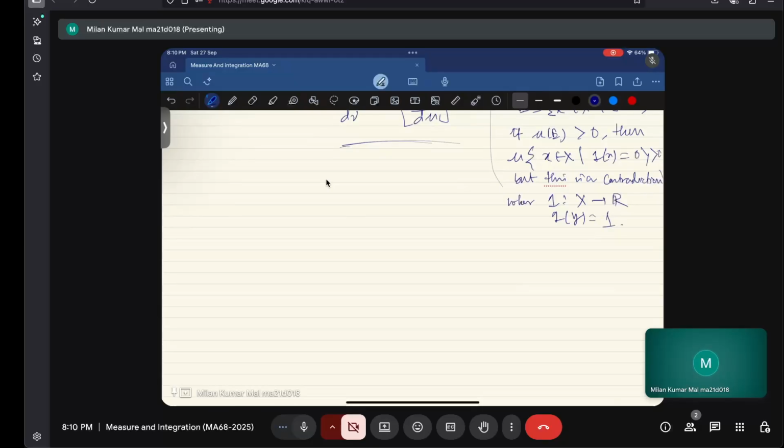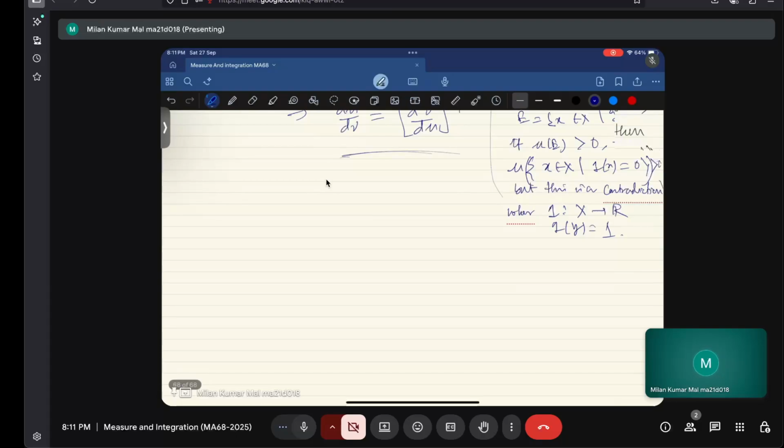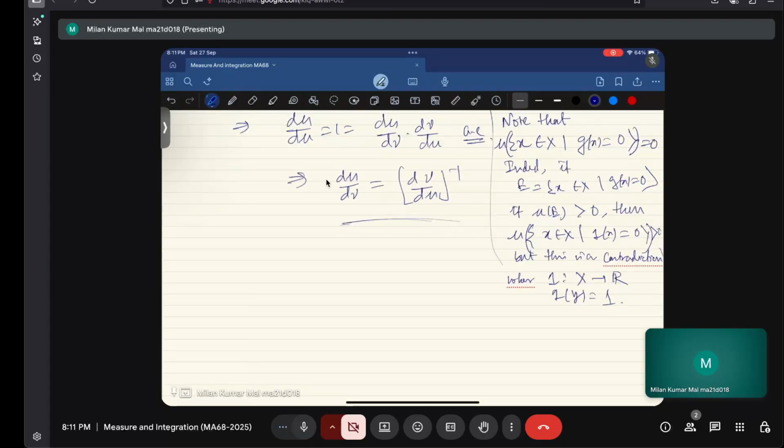If the measure of the set E is greater than 0, then the set of points where the constant function becomes 0 would have positive measure, which is a contradiction.